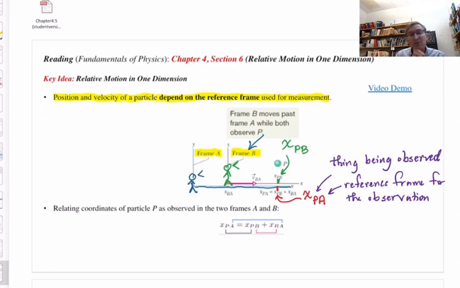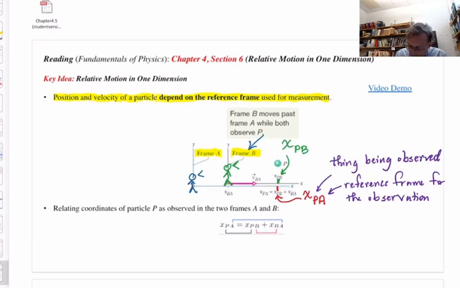And now what I want to do is compare those two x measurements. What does the observer in frame A measure for the x-coordinate of the particle? What does the observer in frame B measure for the x-coordinate of the same particle? And how do we compare those two x measurements? All right, if we look carefully at this picture, it's going to tell us how. Let me try to show you, hopefully without erasing too much stuff, what we want.